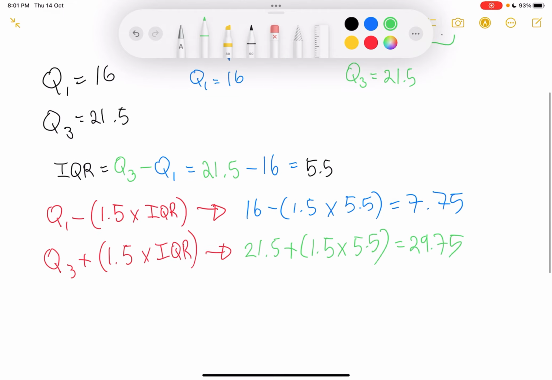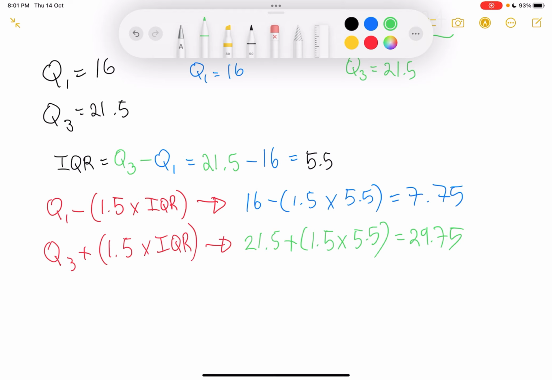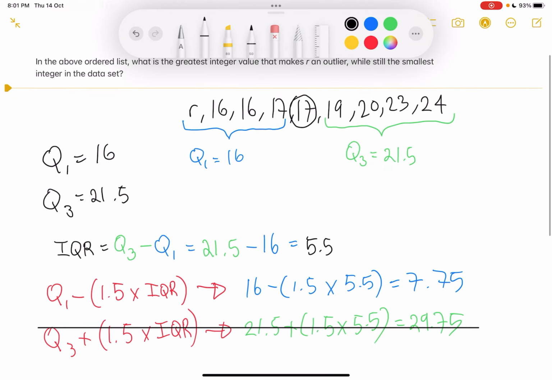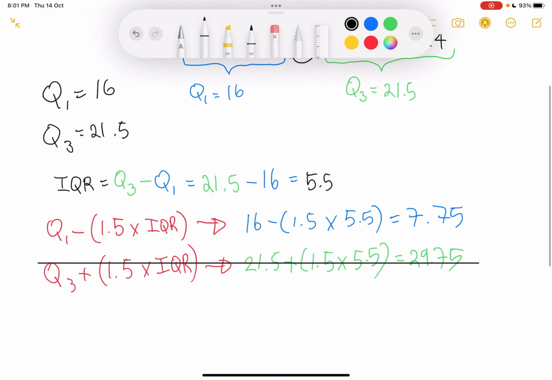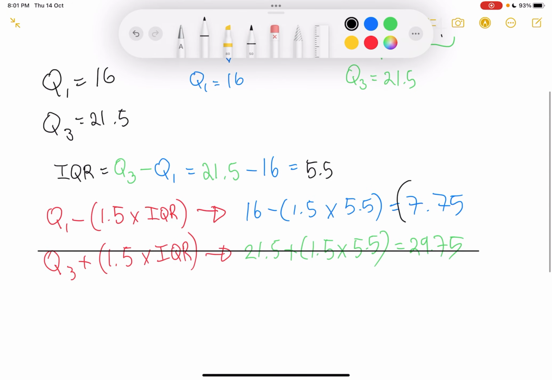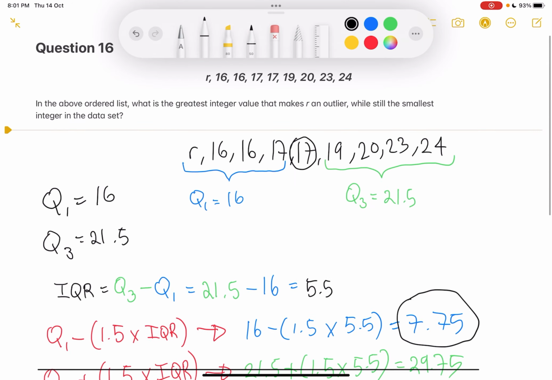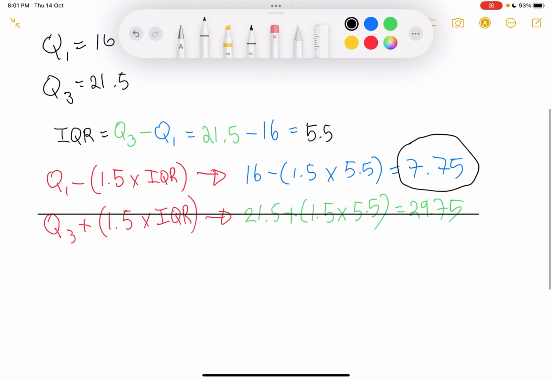So, as I stated earlier, we don't really need this information. However, it's good to have it just so you can be able to visualize your whole data set. And we can see that the outlier here is 7.75. However, they asked us to have it as an integer, so we must round.